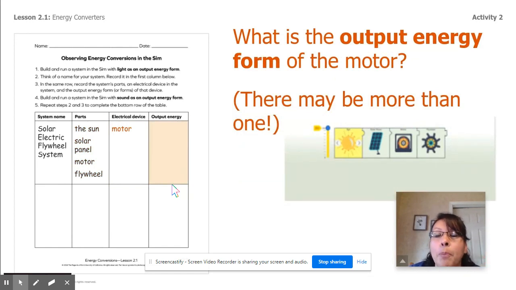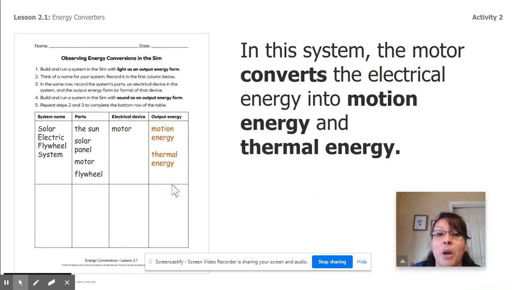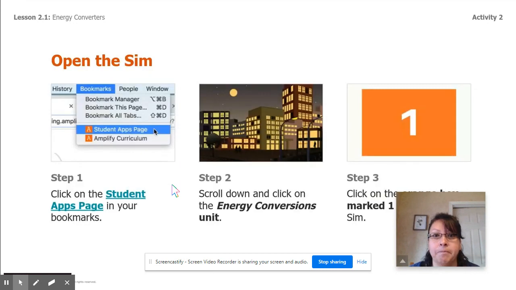And what is the output energy form of the motor? And remember, there can be more than one. Nice job. Motion energy and thermal energy. In this system, the motor converts or changes the electrical energy into motion energy and thermal energy.